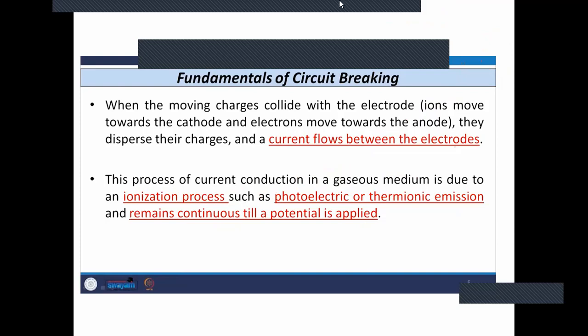Okay, and we have also discussed the condition that if the kinetic energy of these moving charges is greater than the ionization potential of the neutral gas particles, then what will happen? We will have the ionization of these neutral particles.